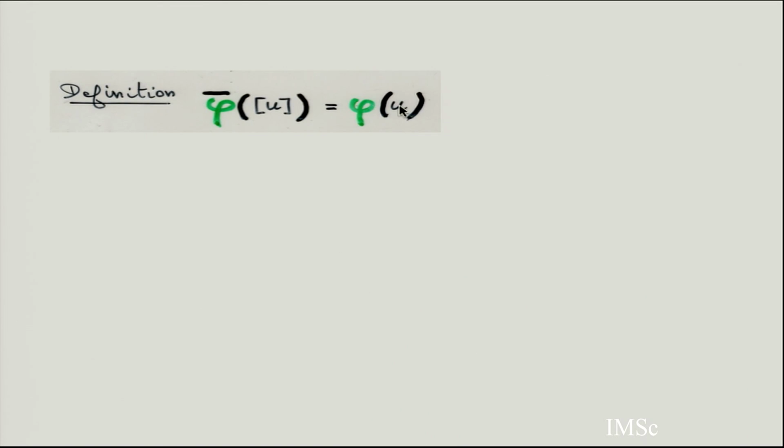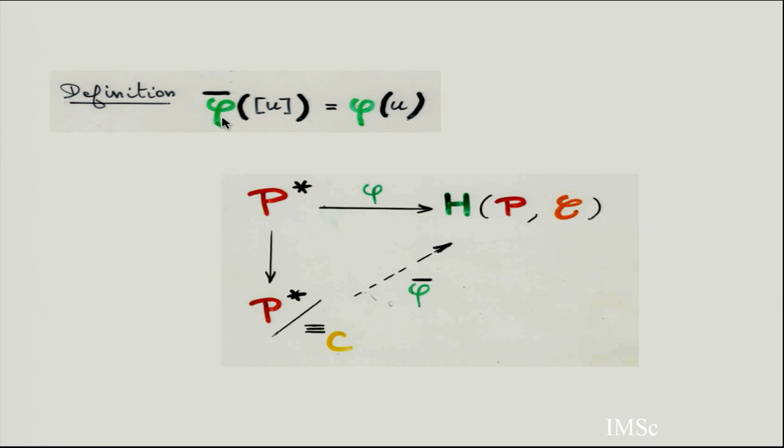So, definition: I define the map phi bar as the unique map making this diagram commutative. You see, if I take an equivalence class, then phi bar of the equivalence class of U is defined to be phi of U, and this phi of U does not depend on the choice of the representative because of lemma 2.